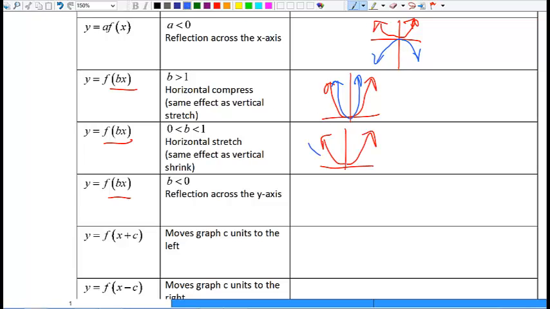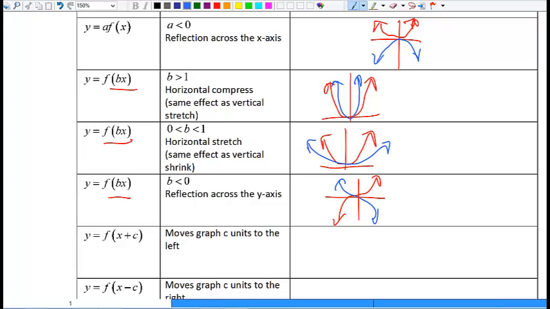It tended to get wider. And then again, this one I'm going to switch to illustrating on a cubic because I think that helped a little bit better. It ended up being a reflection across the y-axis.